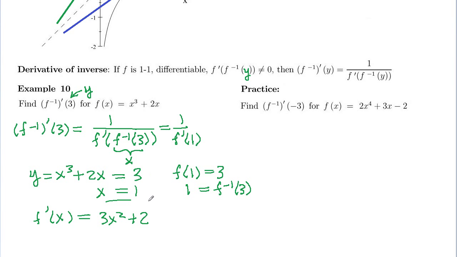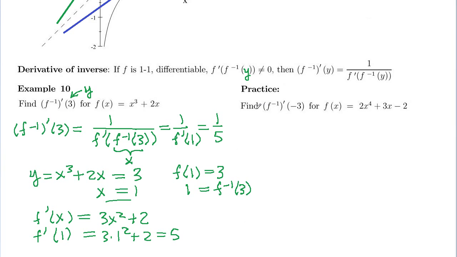Exponent comes down, decrease your exponent. And so f prime at 1 is going to be 3 times 1 squared plus 2, which is 5. So f inverse prime at 3 is 1/5.